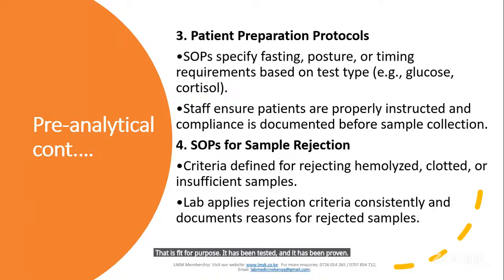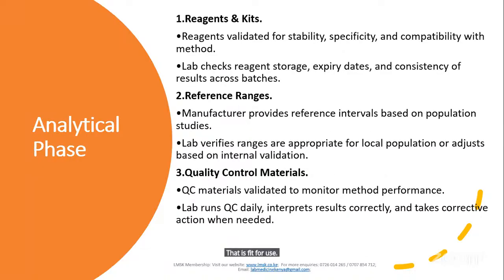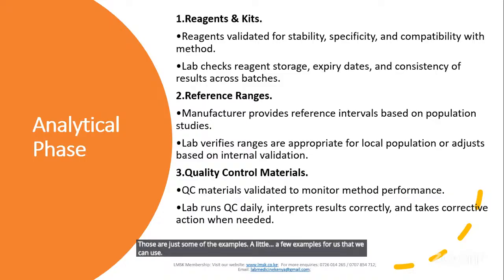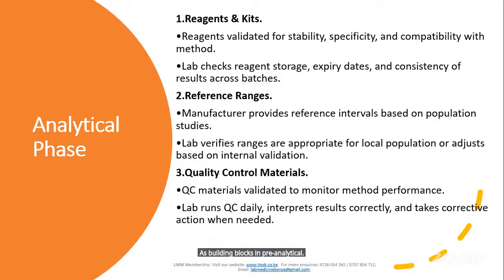So how do we translate fit for purpose to fit for use? The lab applies rejection criteria consistently and documents reasons for rejected samples. That is fit for use, okay? Those are just a few examples that we can use as building blocks in pre-analytical.